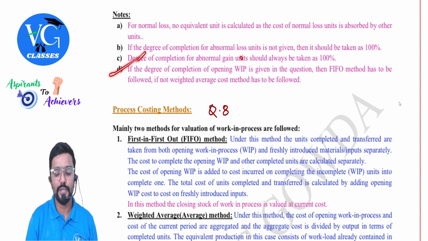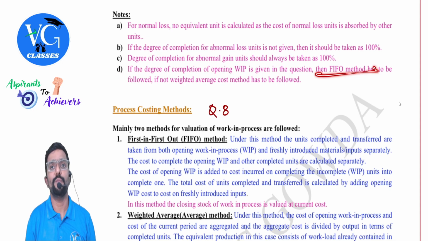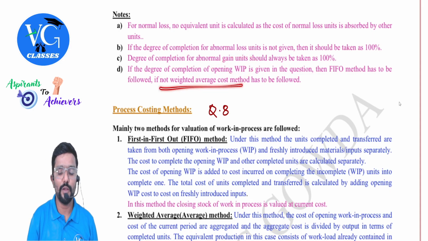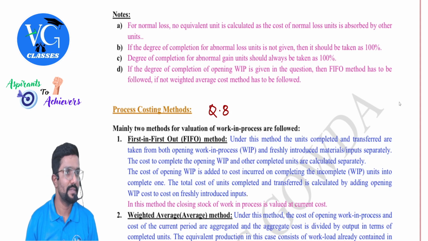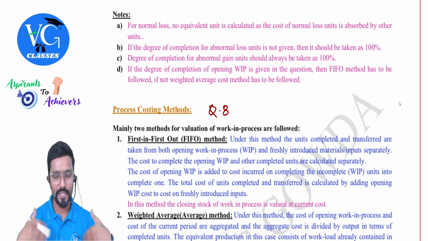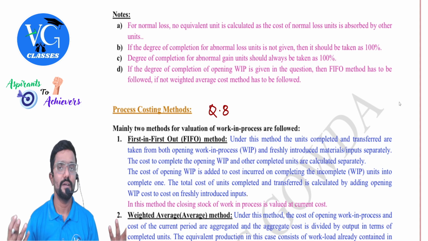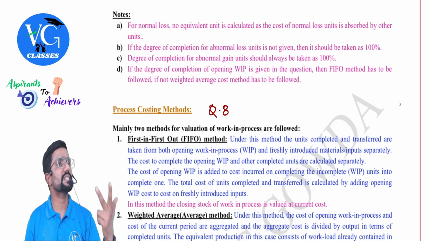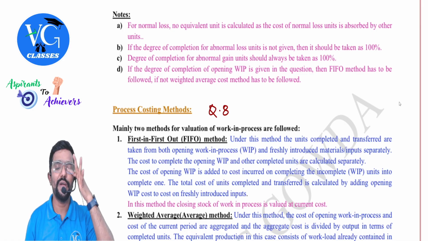If the degree of completion for opening WIP is given in the question, then you are supposed to follow the FIFO method. Sir, what if degree of completion for opening WIP is not given? Then you will follow weighted average. Normally in the question, they would ask you to follow the respective method. But if they have not mentioned the method, but have asked you to do statement of equivalent production, statement of cost, statement of evaluation, how do I do it?